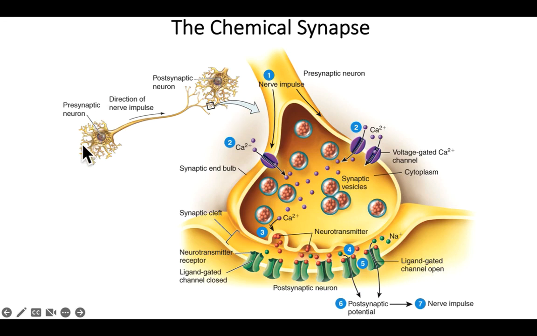So that would be this presynaptic neuron stimulating this postsynaptic neuron to transmit an action potential. So this would be how neurons communicate with other neurons.